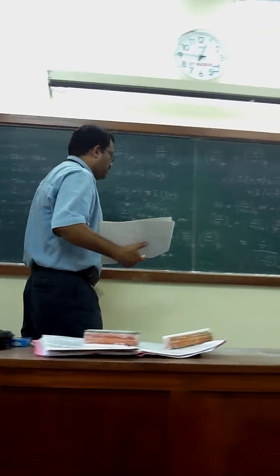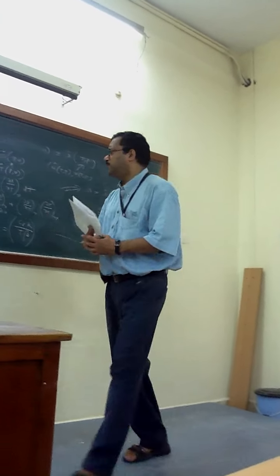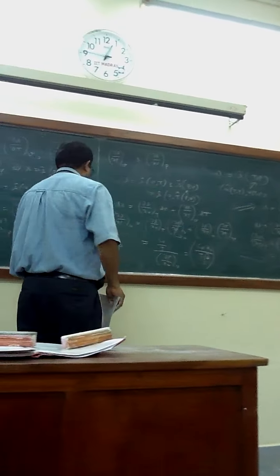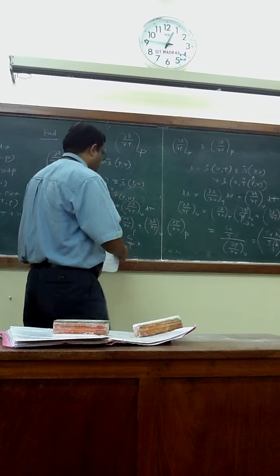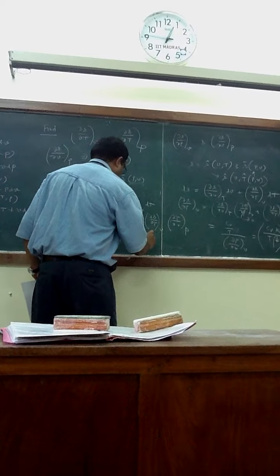You have to apply implicit function theorems or whatever. If you write in reciprocal form, 1 by ∂V/∂T at constant P. What is coming?